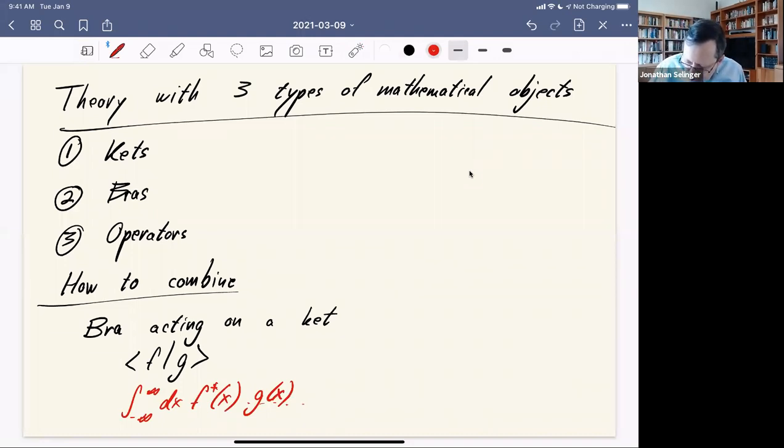And the result of doing this integral is some complex number. Well, or maybe it's a real number, right? But real or complex. The word complex includes real. It is a complex number. So a bra acting on a ket produces a complex number.